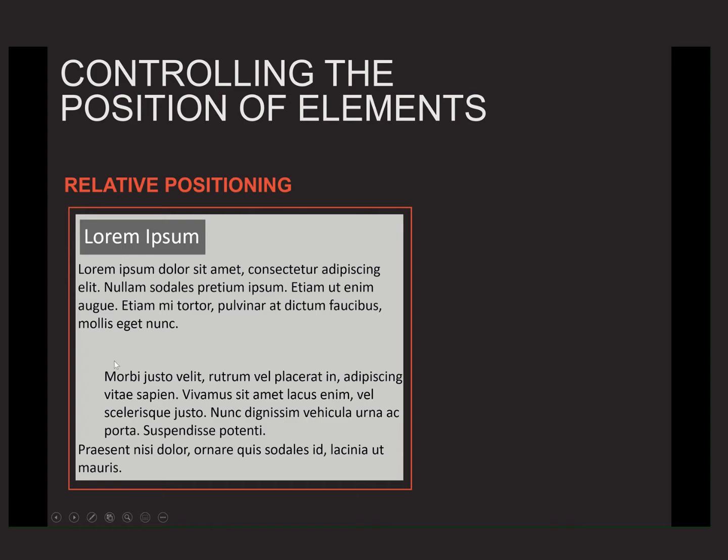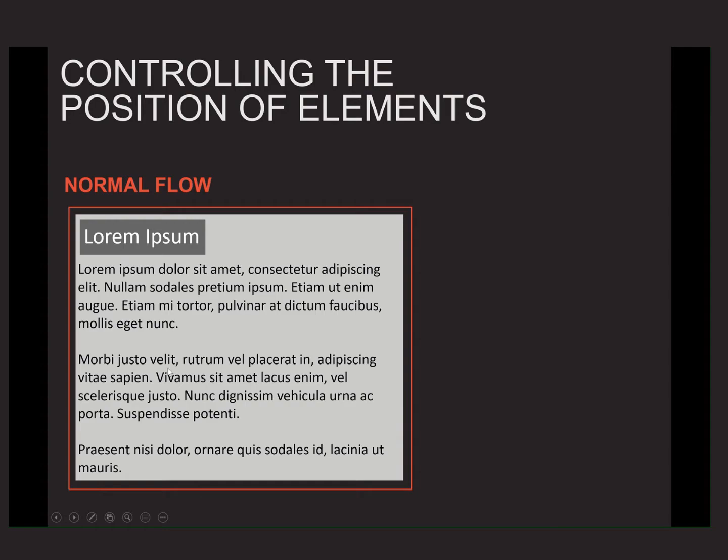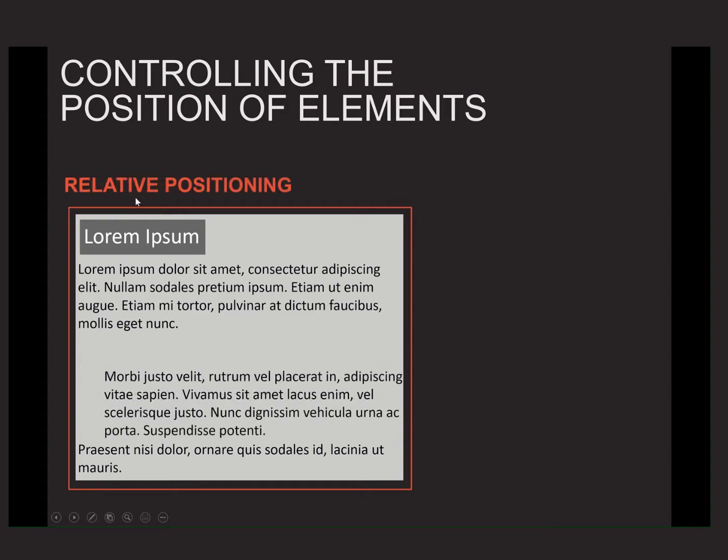In fact, we can set this relative position for this paragraph, because we can put this into a class attribute, or we can use a division, and then we can style this separately. So that's how we do the styling. We can use relative positioning. Later we'll teach you how to do that, but we can do such arrangements. So, the normal one, the default one, and the relative positioning.